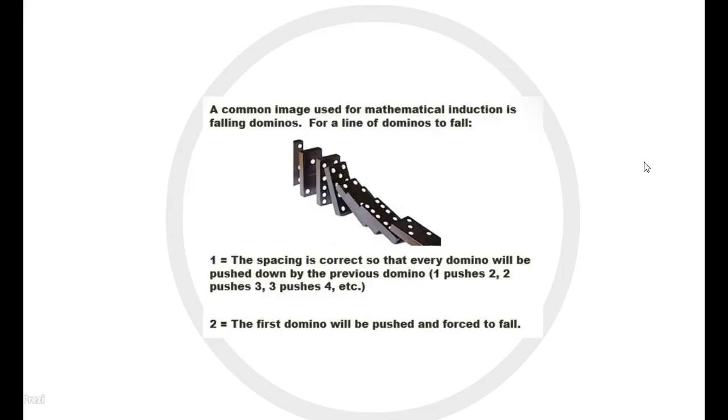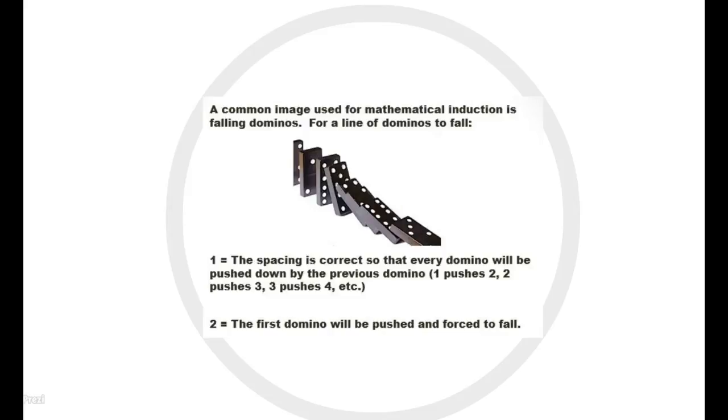One thing you have to do is make sure that the spacing is correct when you're setting up the dominoes. You have to make sure that if the previous domino gets pushed down, then the next domino also has to be pushed down. So for example, the first domino pushes the second domino. The second domino pushes the third domino. The third pushes the fourth pushes the fifth, etc.